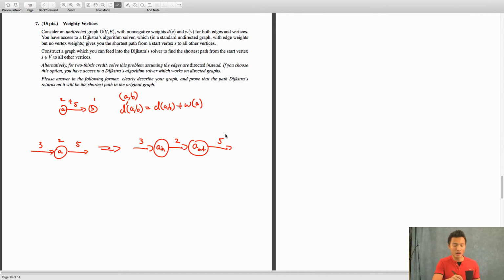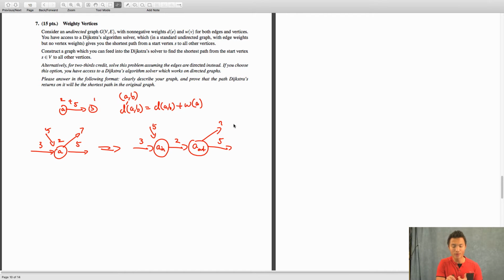Right? A in is going to have all the incoming vertices of A, and A out is going to have all the outgoing vertices of A, right? That means in order to go from A in to A out, I have to take this edge weight of 2, which is the same as the vertex weight we have in A. So when I go through A here, I have to go into A in, go through this edge weight of 2, and then go through A out.